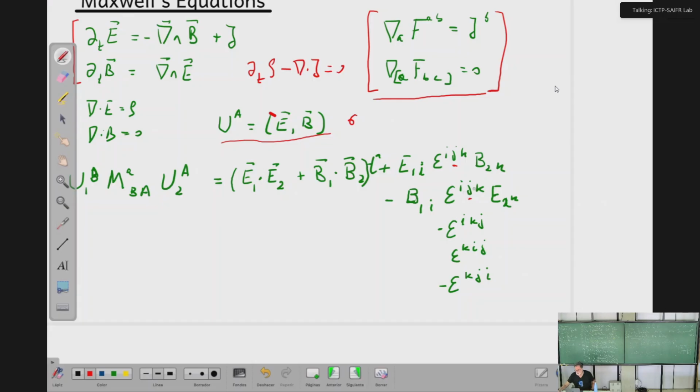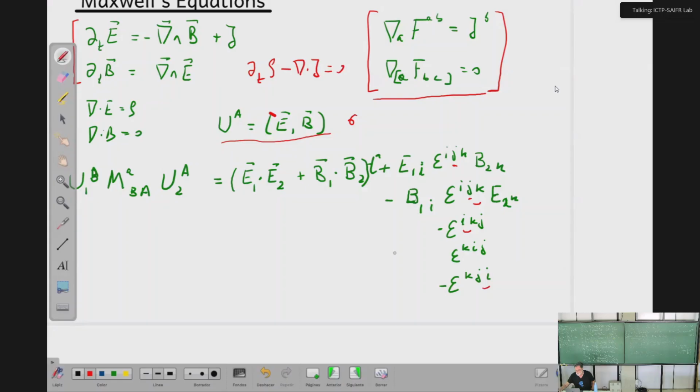And so now you play with the signs of this term. So you interchange this, you get a minus sign. You interchange these two, you get a plus sign. And then you interchange again these two, you get a minus sign.